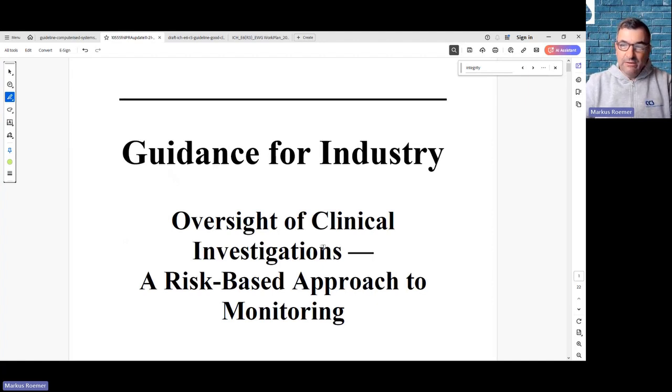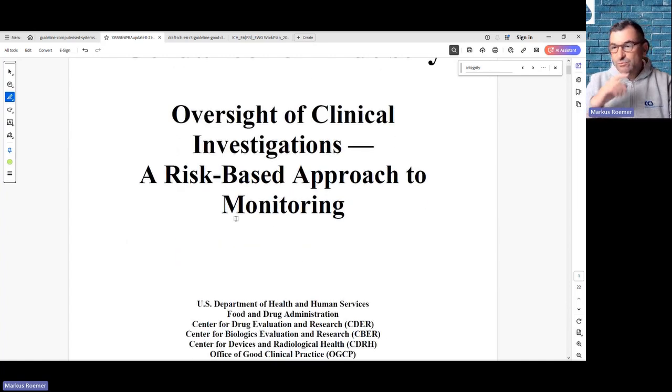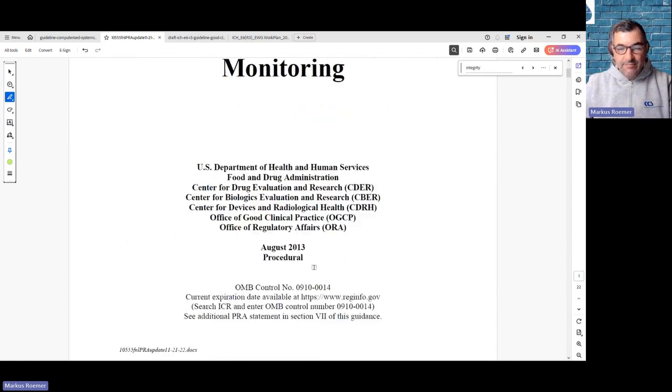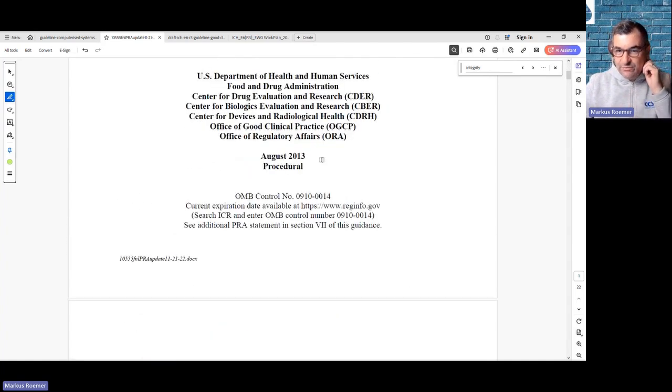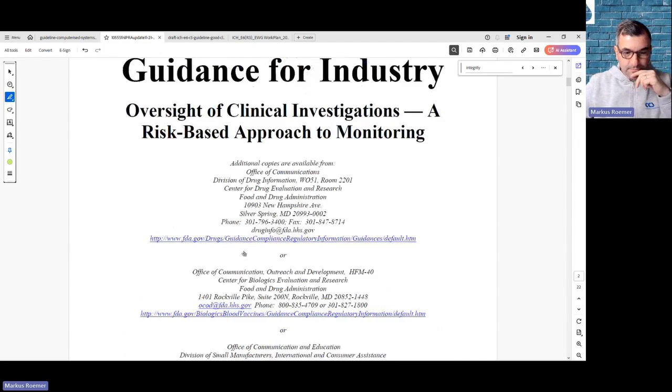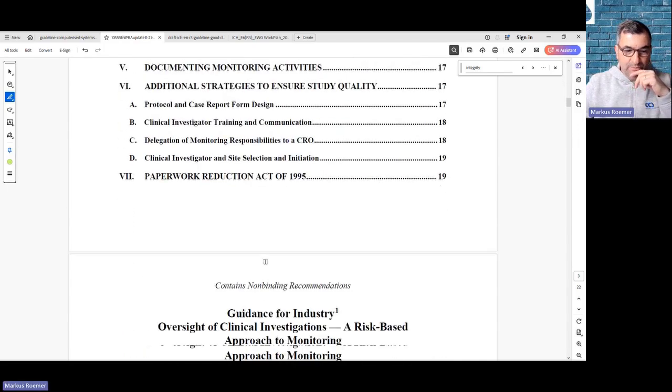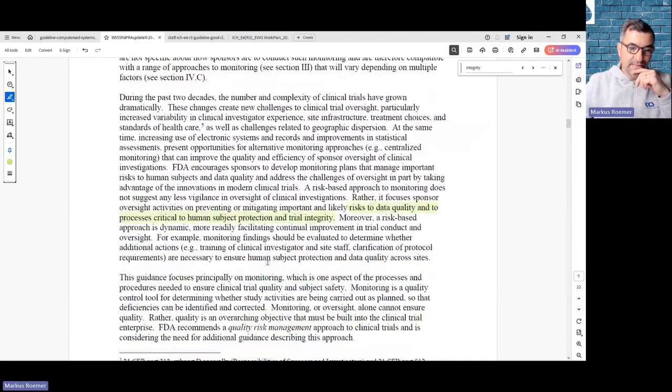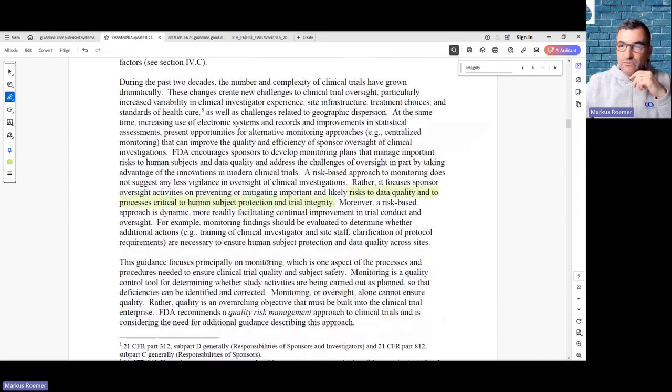I find it very useful. Guidance for industry from the US FDA. So take the best from Europe and the best from US. Oversight of clinical investigations, a risk-based approach to monitoring. And if you build a bridge, it's from 2013. Sometimes I also have problems with this, that I do not see that in GCP audits in an appropriate way.